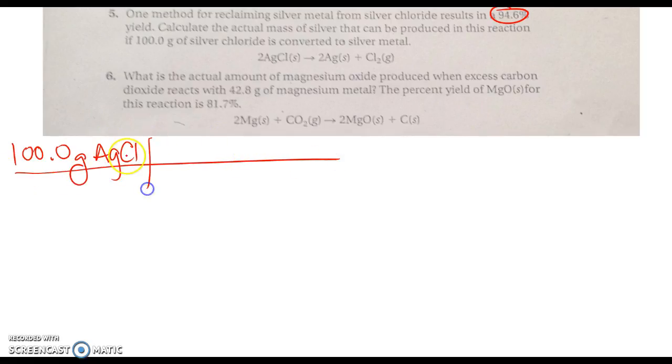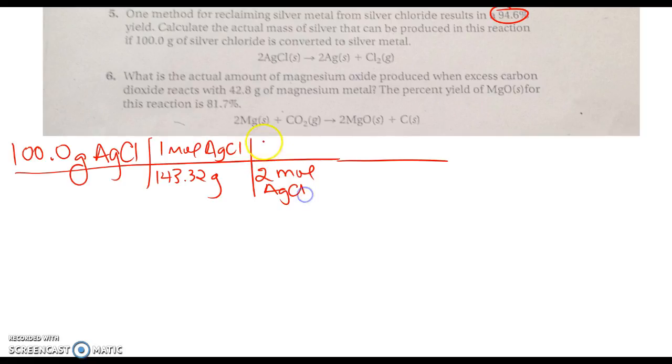We're going to go from grams of AgCl to moles of it using molar mass. And then from moles of AgCl to moles of silver using the coefficients of the balanced equation. And then from moles of silver to grams of silver using the molar mass. I guess I don't really need that last line.